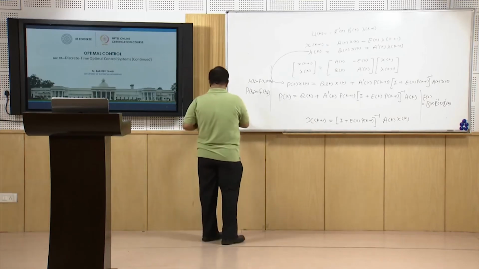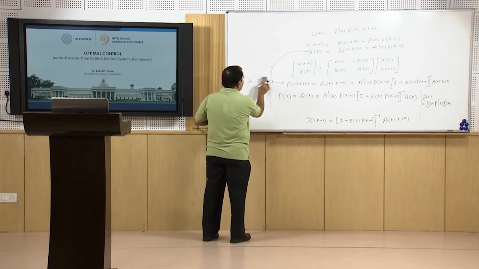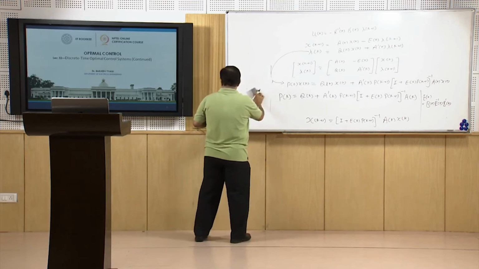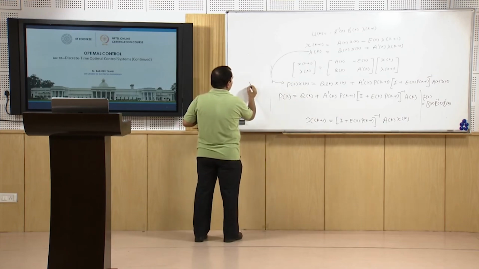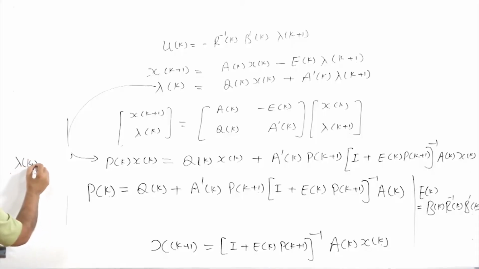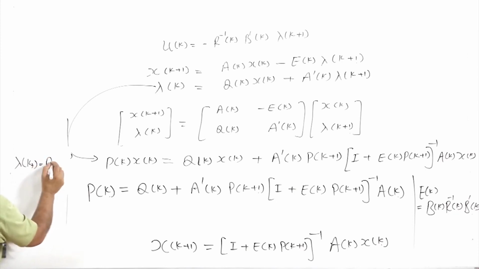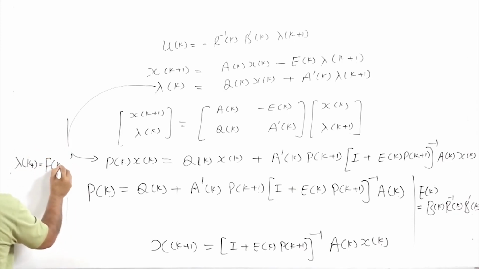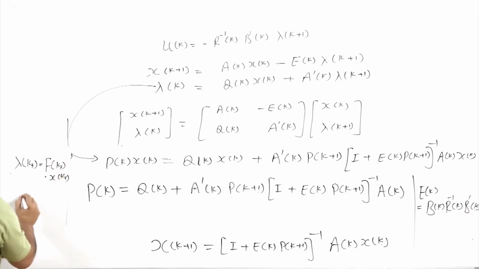Sorry, I have written this in the continuous form, but here we will have a discrete form, which will be lambda kf as f of kf multiplied with x of kf, and this will give us p of kf as f of kf.